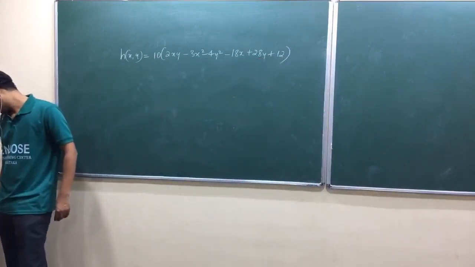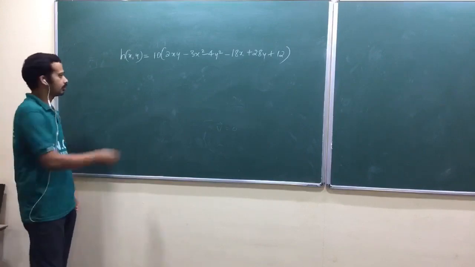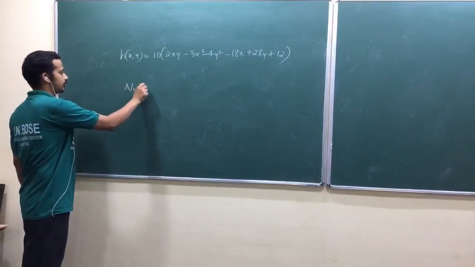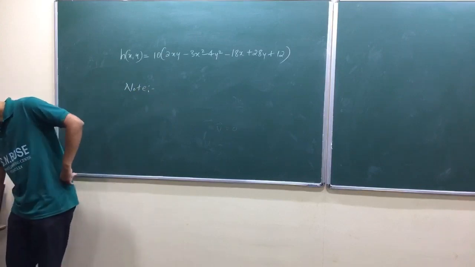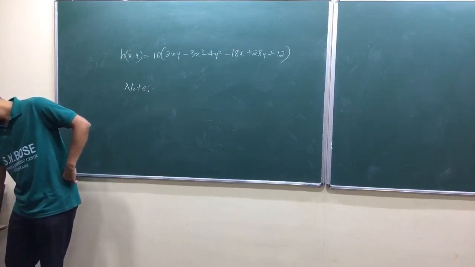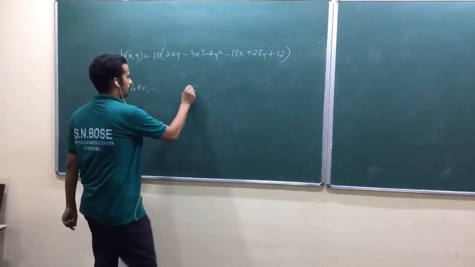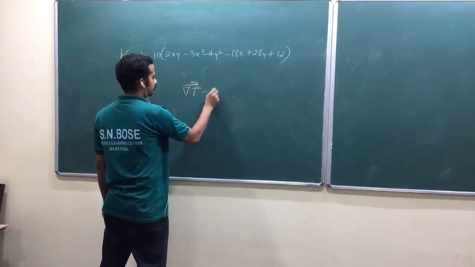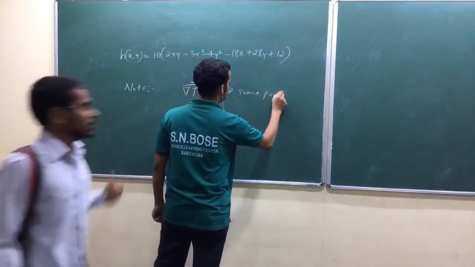You better take this note, because I haven't interpreted this one. Del T is equal to 0 at some point. 0 means the null vector.